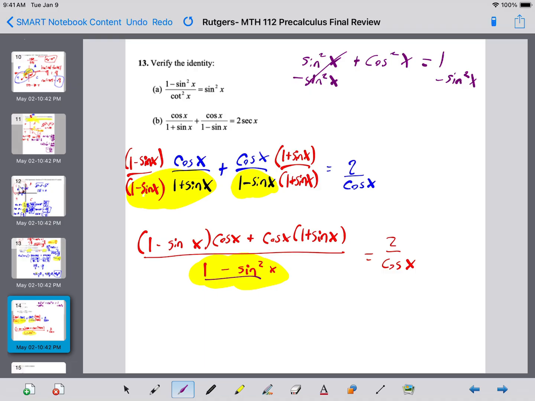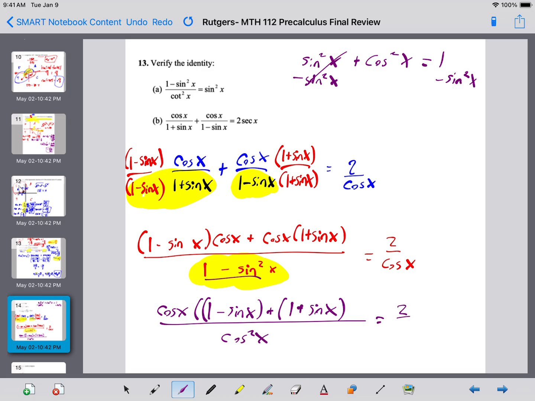So, I have cosine of x times 1 minus sine x plus 1 plus sine x over cosine squared of x equals 2 over cosine x.